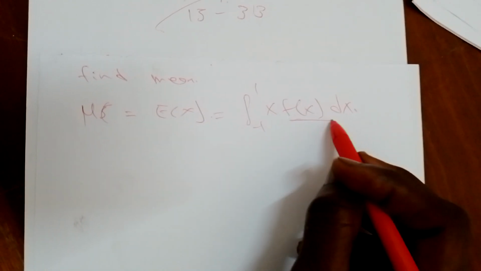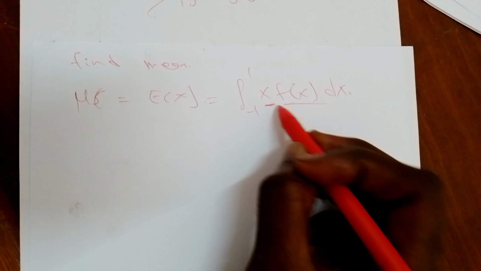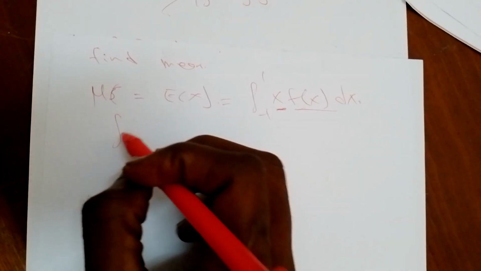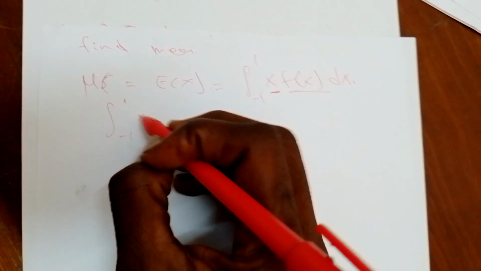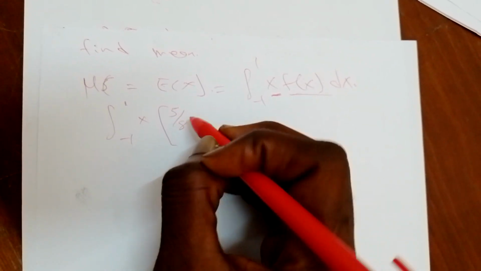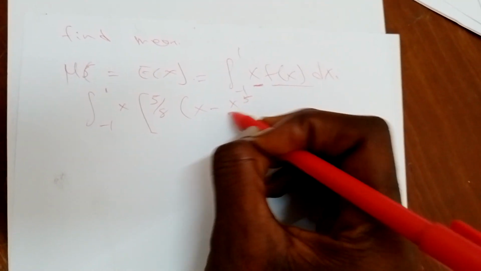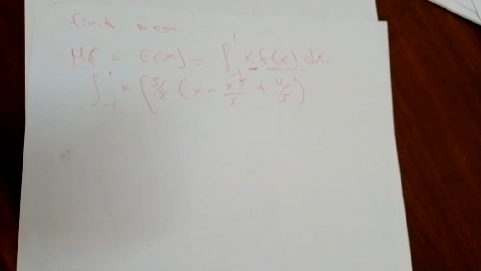We know the function of this. So what will be our x? When you solve, because you have two limits, you would find it easily. So you have 5 on 8 multiplying x minus x^5 on 5 plus 4 on 5.